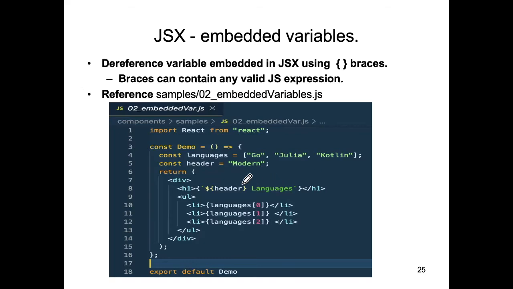So at runtime, it's going to construct this string dynamically, and then the result of that construction is what becomes your H1 header. But it's a string template that's being used here. So we're told to look at sample 02.